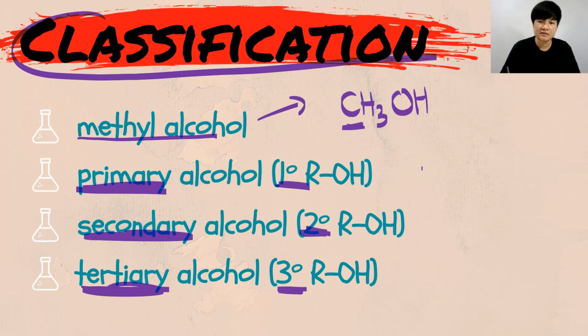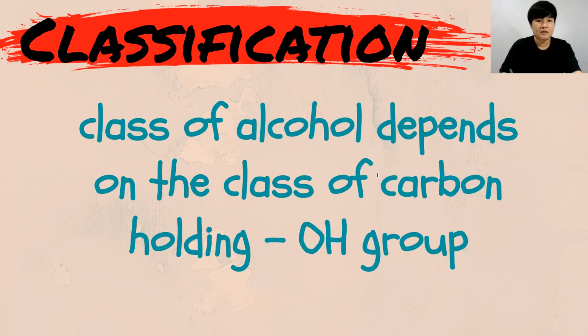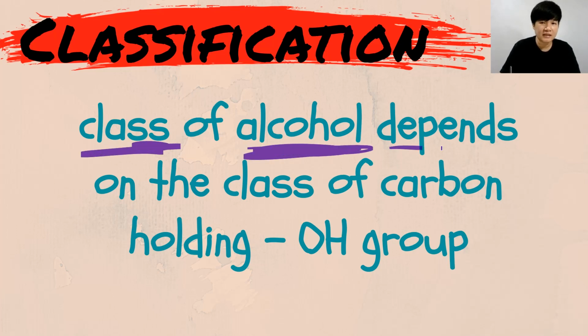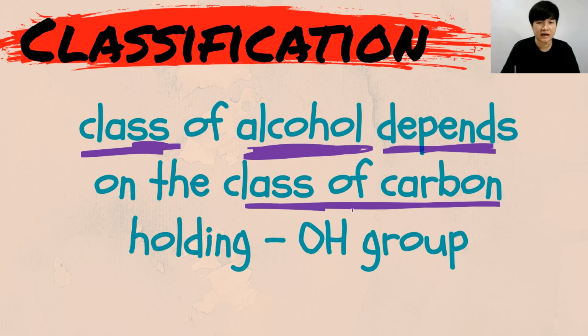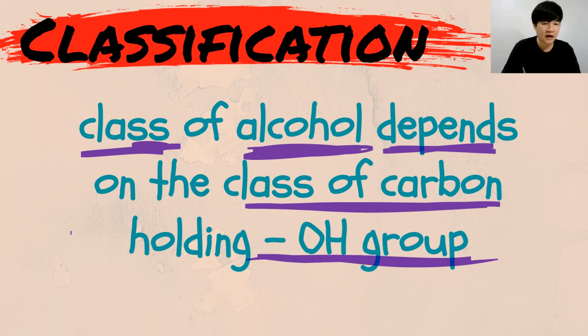So how do we classify your primary, secondary, and tertiary alcohol? Simple. The class of the alcohol will 100% depend on the class of the carbon that is holding the OH group. So if the carbon holding the OH group is a primary carbon, then it will become a primary alcohol.